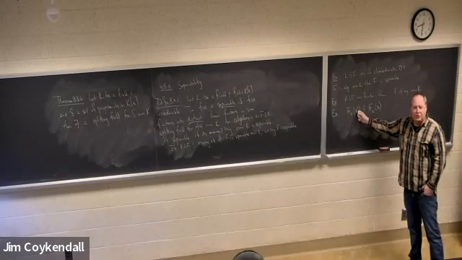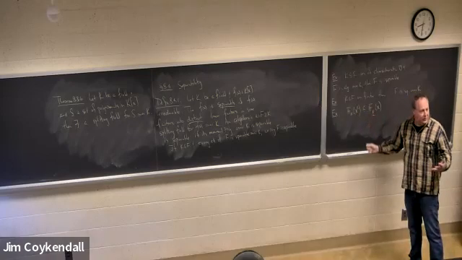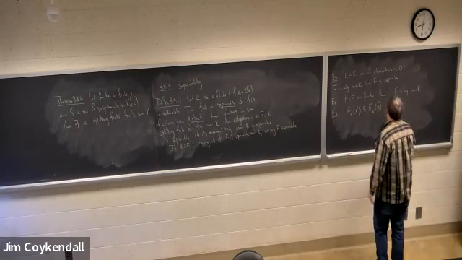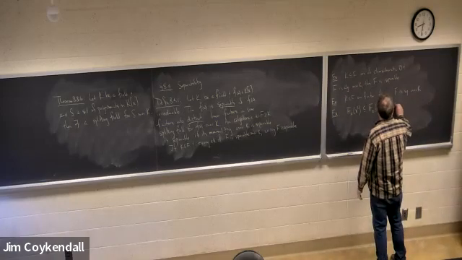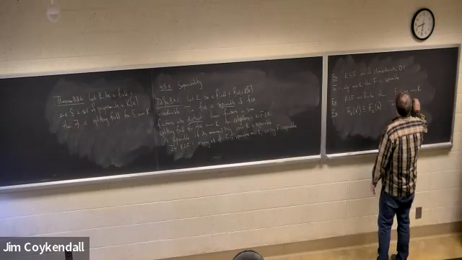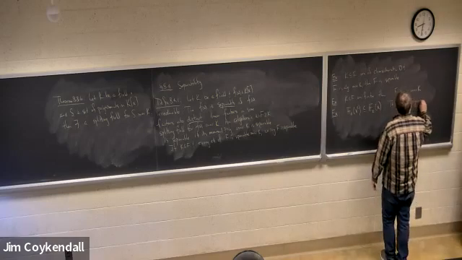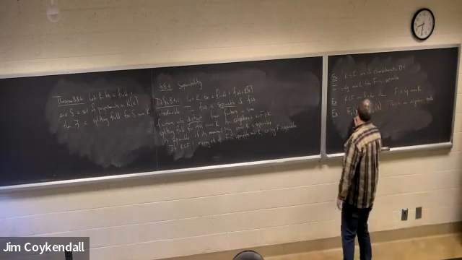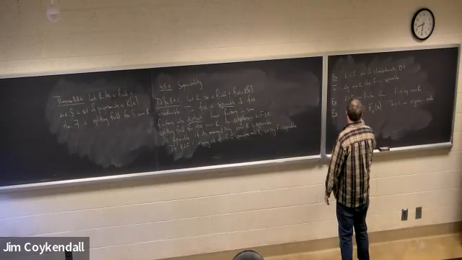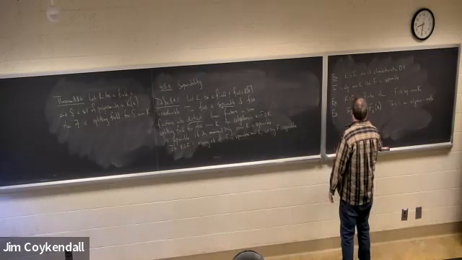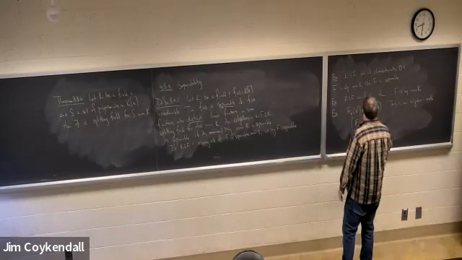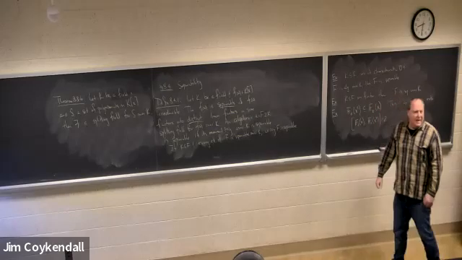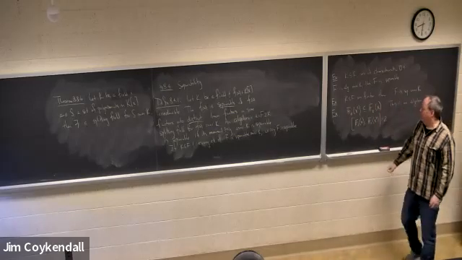The fact that this is a 2 and that is a 2 is actually significant. That makes my example. This is an algebraic extension, and in fact the degree is 2.